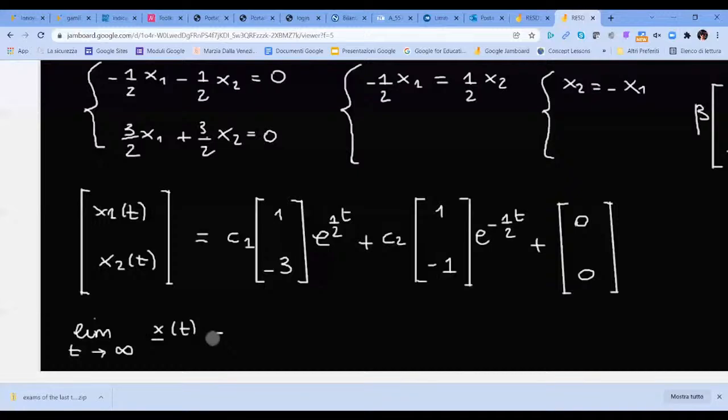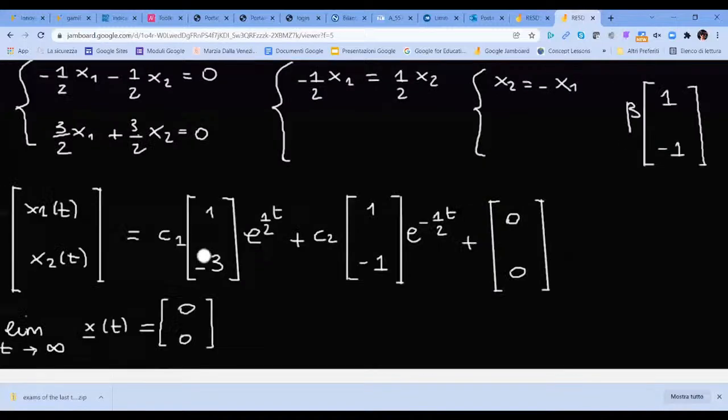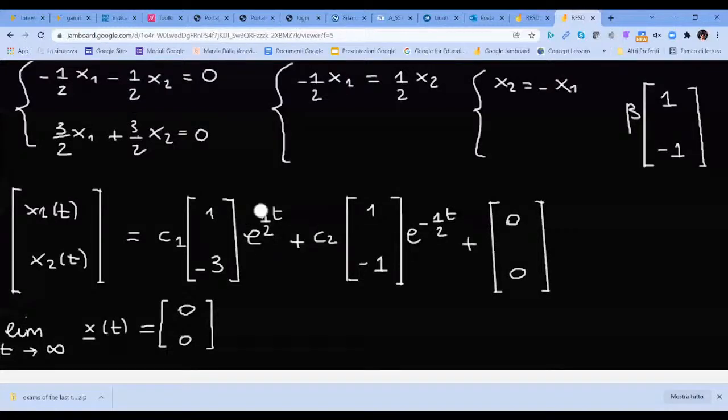That means there is no way that this first term multiplied by the exponential in t is going to be 0, because for t approaching plus infinity, we know that the exponential, even with the factor 1/2, goes to plus infinity. So the only possibility is C1 equals 0.